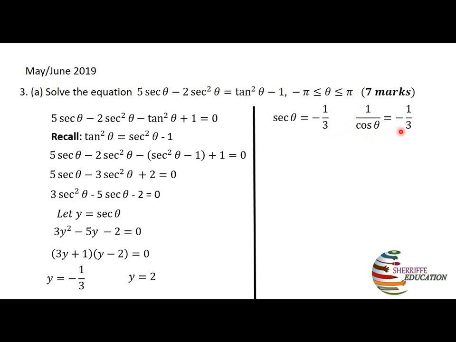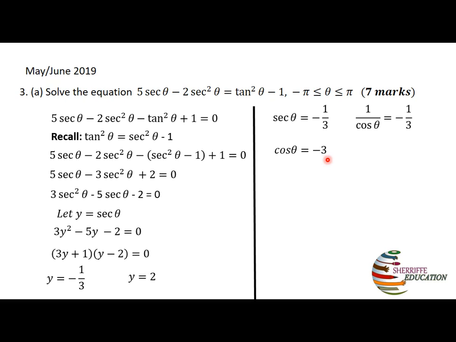There are many ways to go about finding cos theta. One might choose to cross multiply, but for me, I just reciprocate both sides of the equation. So I just flip this, I'll get cos theta over 1, which is cos theta. Flip this, I'll have negative 3 over 1, which is just negative 3. And that gives me cos theta equal to negative 3.